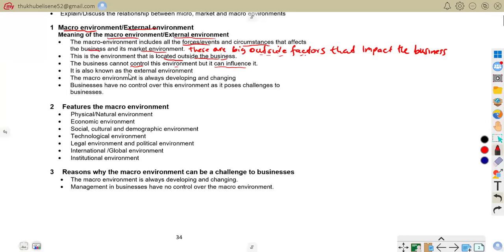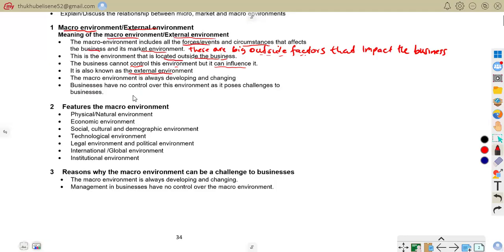It is also known as the external environment, the macro environment. Like I've said, the factors are found outside the business, indirectly outside the business. That's why it is known as the external environment.